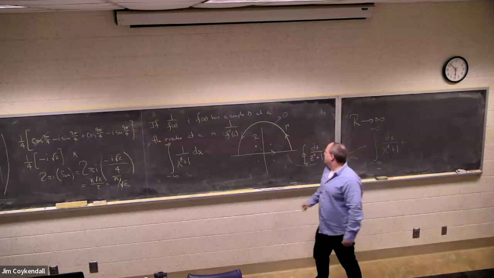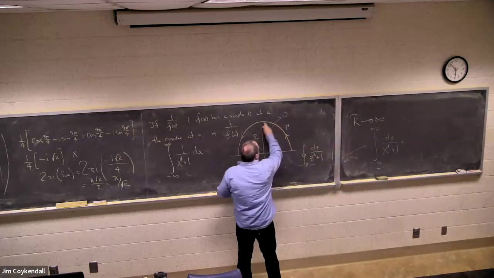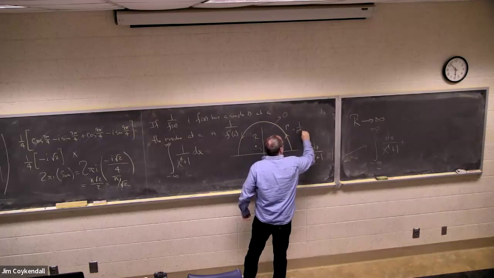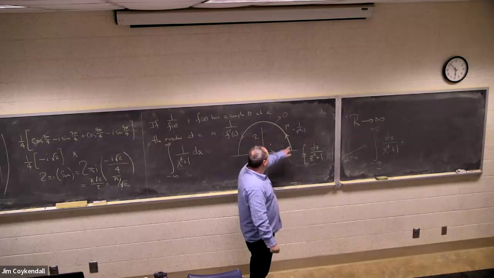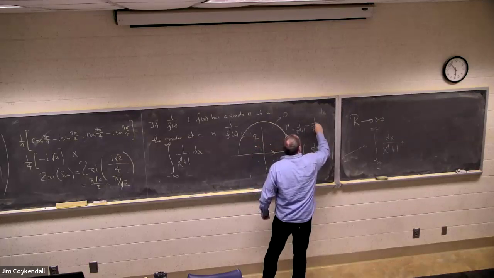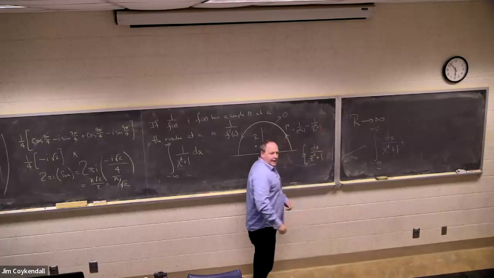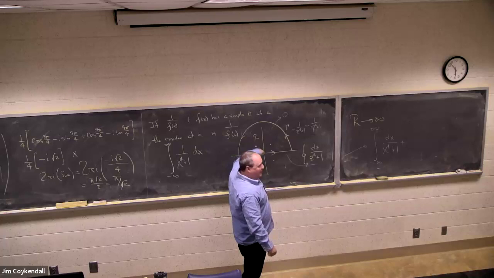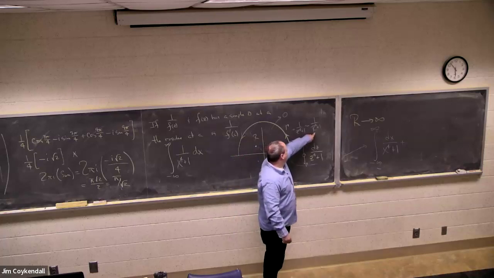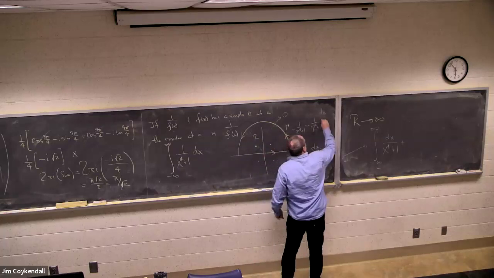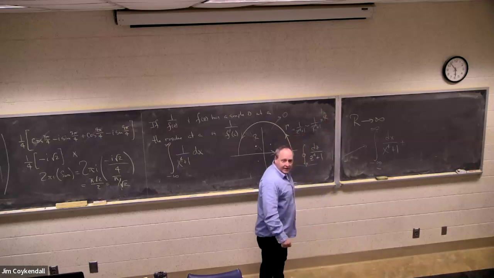Well, remember, what are you doing? You're integrating this function. So everywhere this is measured, 1 over t to the 4 plus 1. So the value of this function is like 1 over R to the 4 plus 1. And the value of the integral along this contour is bounded by this times the length of the contour. What is the length of the contour? It's about pi R. Everybody agree with that?